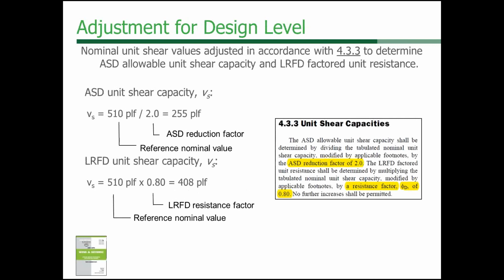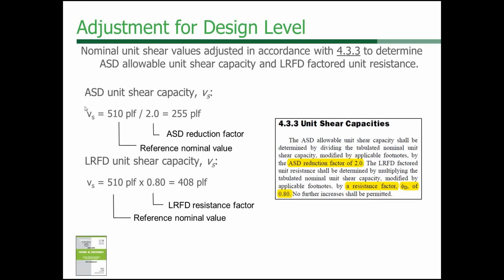Okay, now that we understand what the values of the table are and what the assumptions were made for those shear walls, how do you determine the capacity of the shear wall? Well, as I mentioned from footnote 1, if you're dealing with ASD or LRFD, it tells you to go to section 4.3.3.